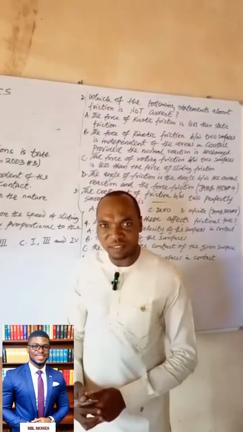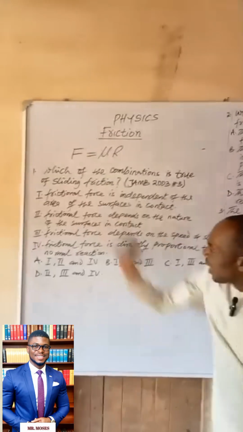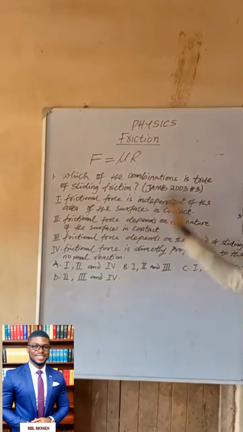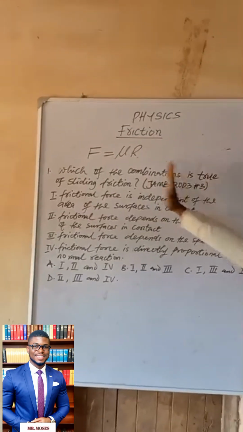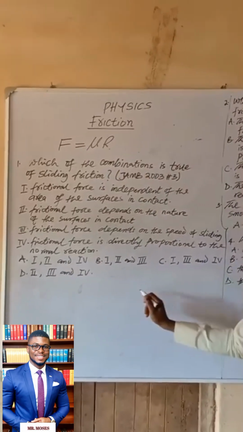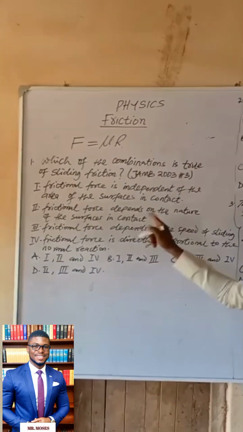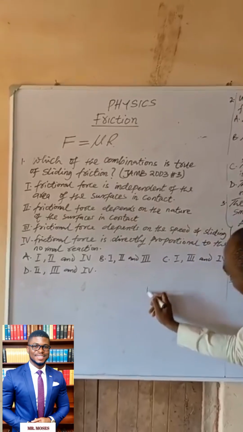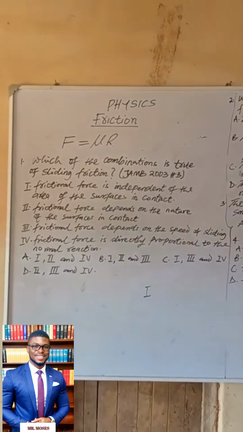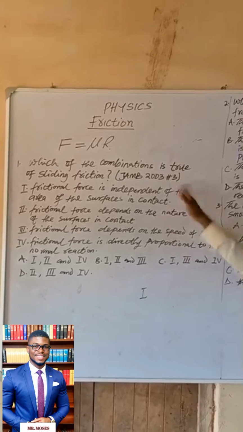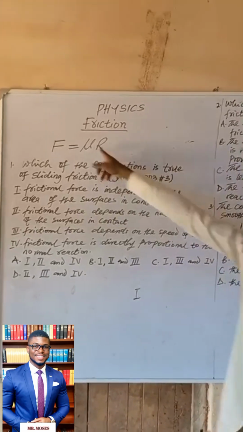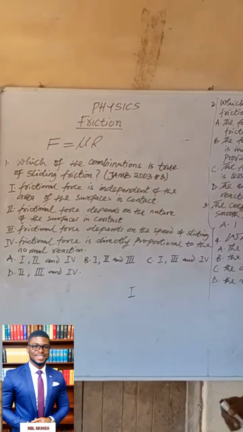It's independent of that. Then we are looking for the correct combination. So frictional force is independent of the area is right. So we take 1 first, that frictional force does not depend on the area because the area is not there in the formula.